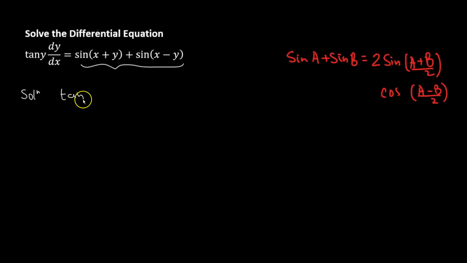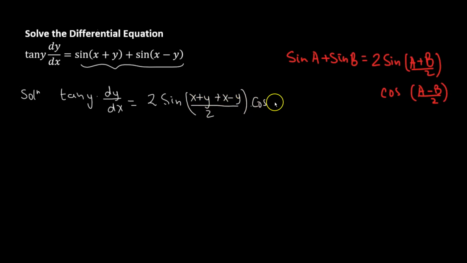So that we get tangent of y times dy over dx equals 2 times sine of (x plus y plus x minus y) divided by 2, times cosine of (x plus y minus x plus y) divided by 2.